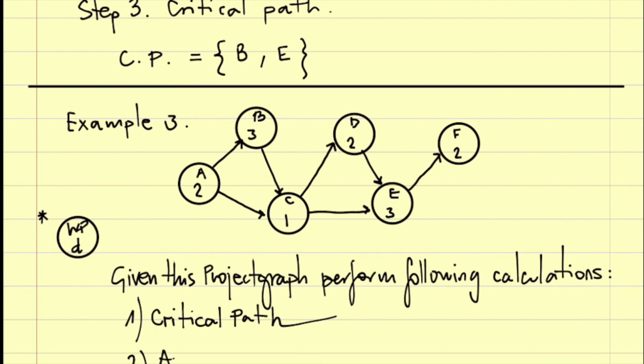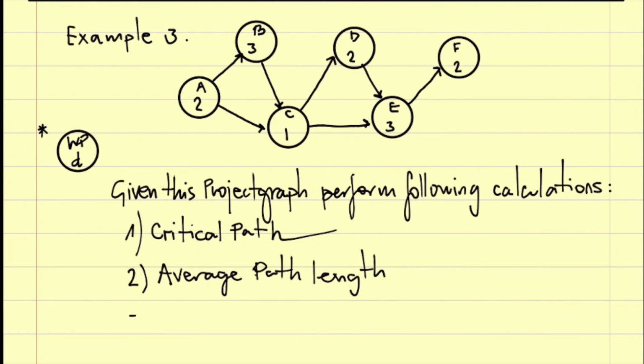What is the average path length? 3. What is the clustering coefficient?